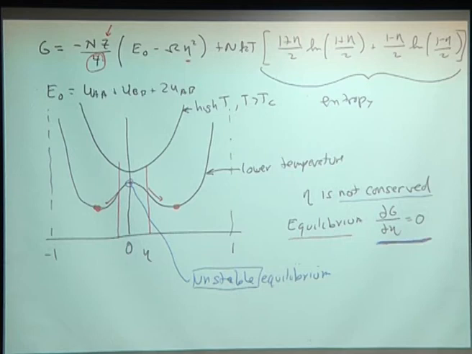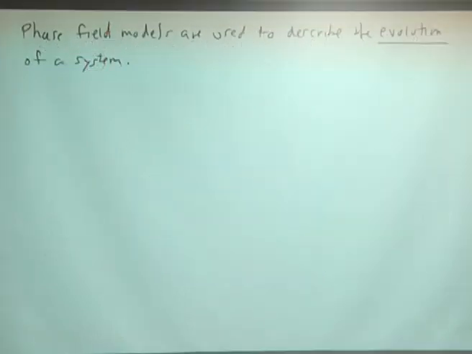Okay. So, phase field models deal with dynamics used to describe a system, and the key thing here is evolution. So you have to take into account the fact that the system is evolving, and this occurs by diffusion of heat or mass in the system.